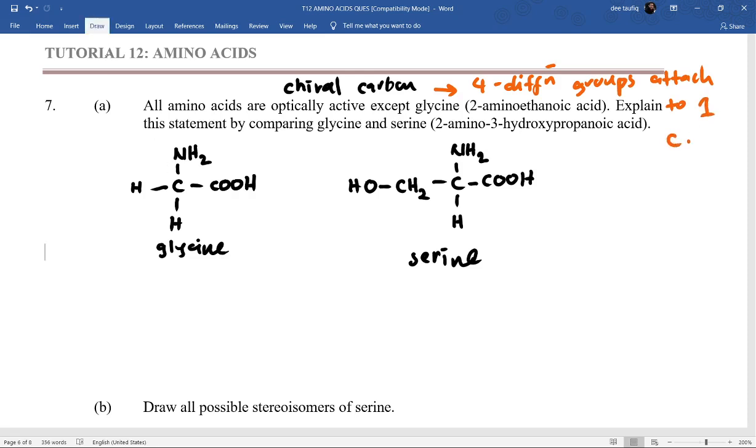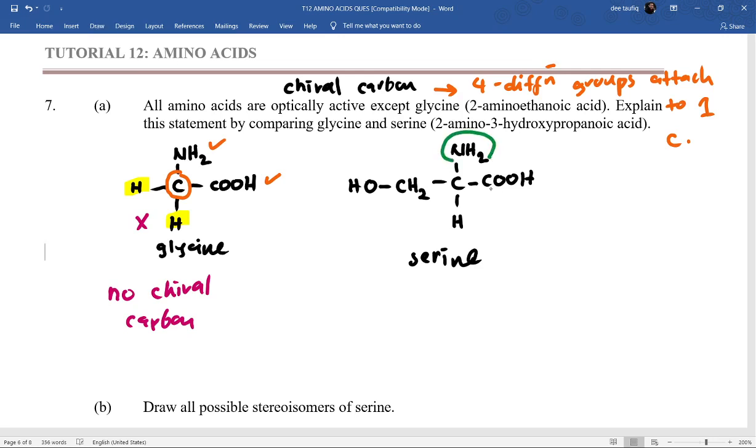Masalah pada glycine adalah pada carbon yang ini kita ada NH2, COOH. However, we have H dengan H pada carbon yang sama. So that's why dia tak boleh jadi optically active. So glycine, they are no chiral carbon.